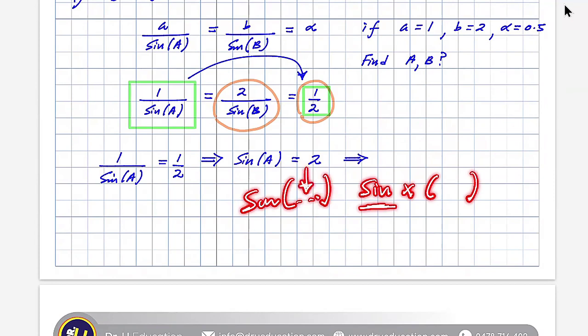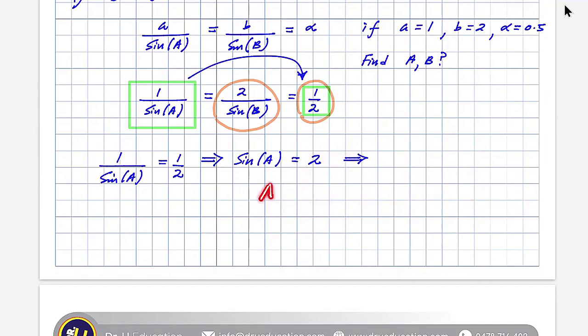So inside you get input. You might think, if I need to find A, let me cross multiply sine like this. But what does sine mean then? It doesn't make sense. So in this case, if you need to find A, you bring this to the other side.